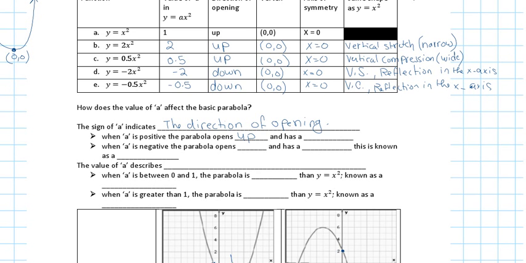Max or min? Min. When A is negative, the parabola opens down and has a max. This is known as a reflection.